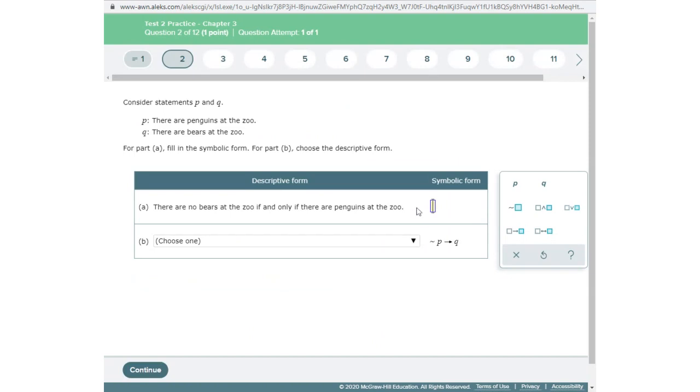All right, here's a new P and Q. P is there are penguins at the zoo, and Q is there are bears at the zoo. So they want us to fill in. This time there's just two. There are no bears at the zoo, so that's Q, negation, right? There are no bears in the zoo. And what symbol are we using there?